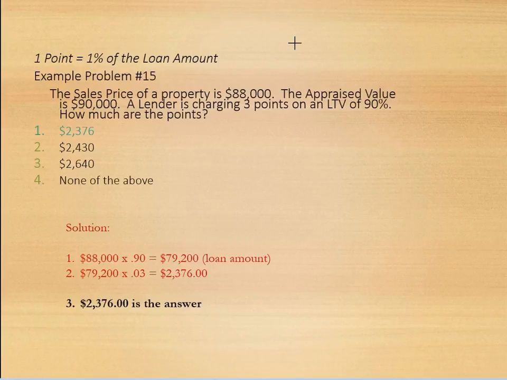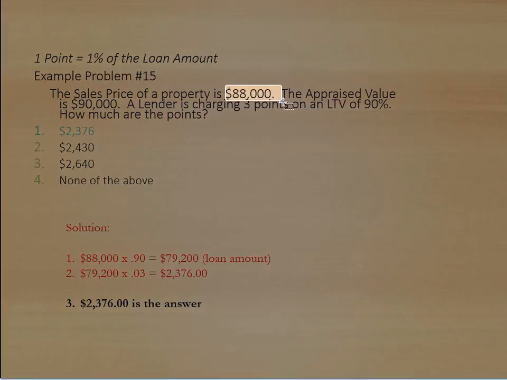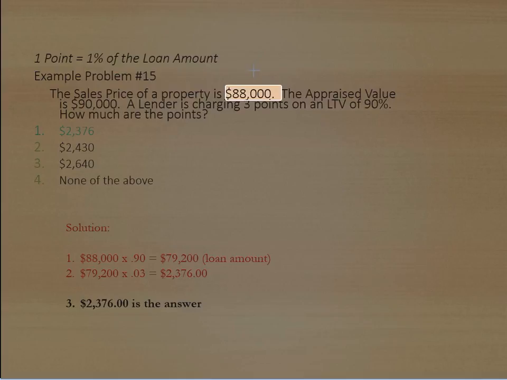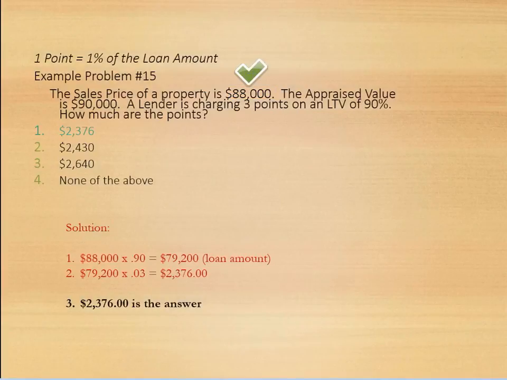Number one, remember, in factoring the loan amount they're always going to consider the lower of the appraised value or the sales price. That's number one. So since 88,000 is the lower of those two, that's the number that's going to be used here, right? The second is to understand LTV.